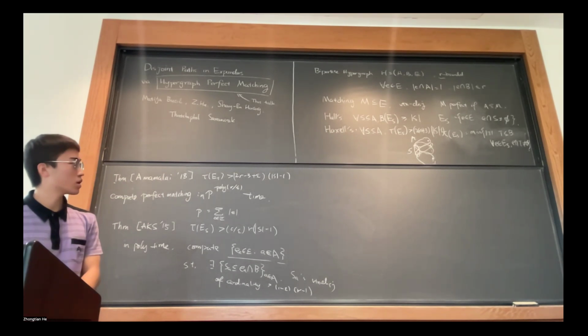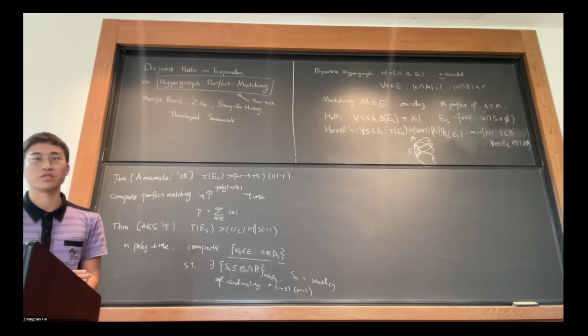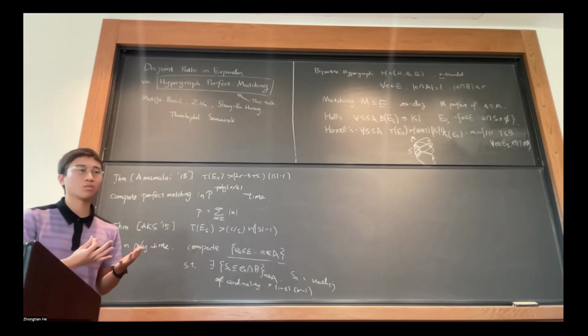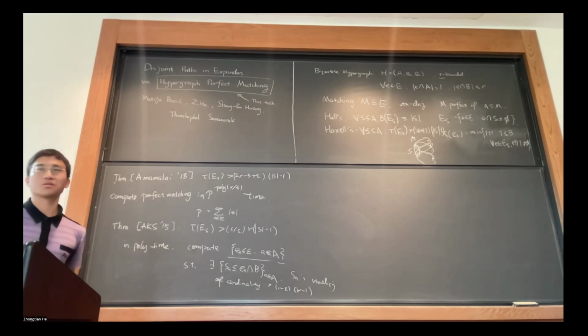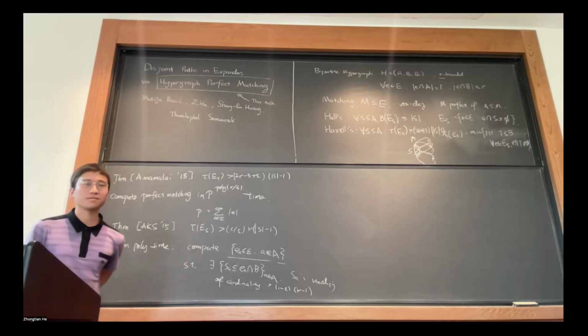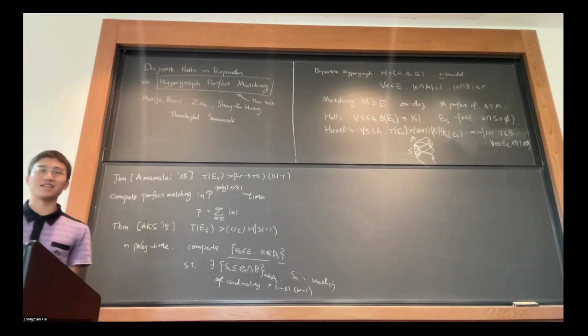But in a hypergraph, each hyperedge might be blocked by multiple edges, so when you want to augment, it becomes a tree structure. I will introduce the intuition later. All these are actually based on the same logic.